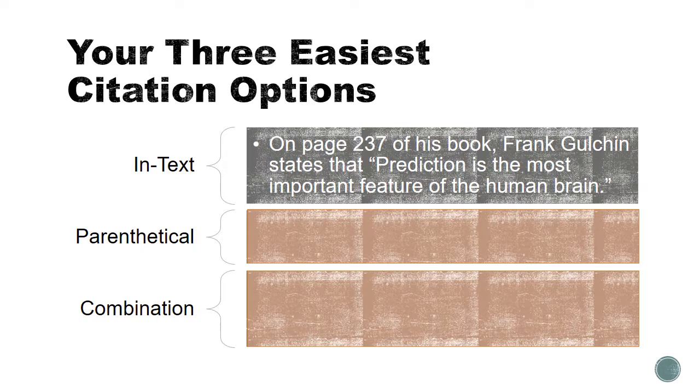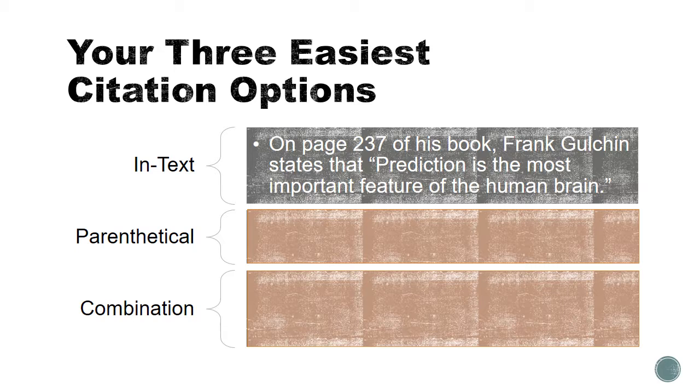On page 237 of his book, Frank Galchen states that prediction is the most important feature of the human brain. And so you can see in the text, I have written that it's on page 237 and that the author is Frank Galchen. Really, the information that you need in any in-text citation is the author's last name and the page number. In this case, I've added a little bit more information, but the last name and the page number are still there, and they're written into the sentence.